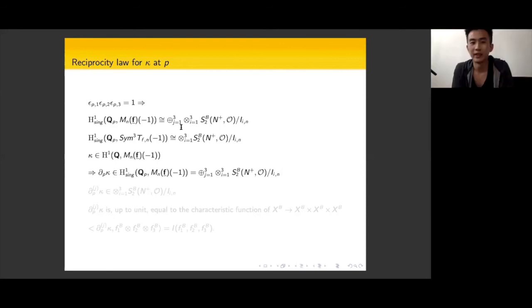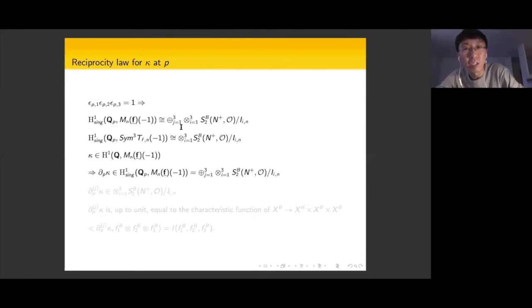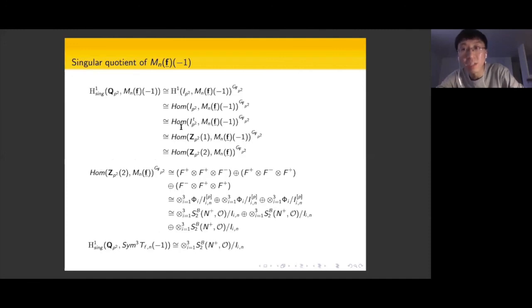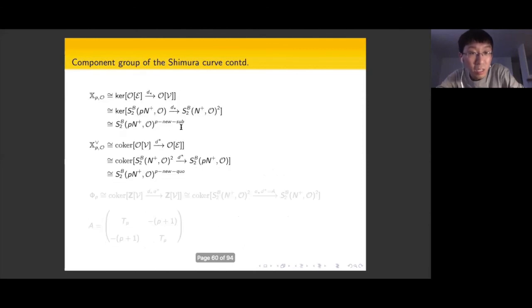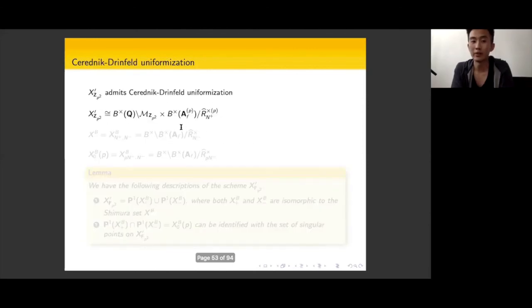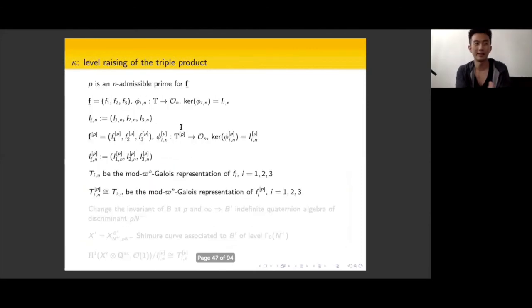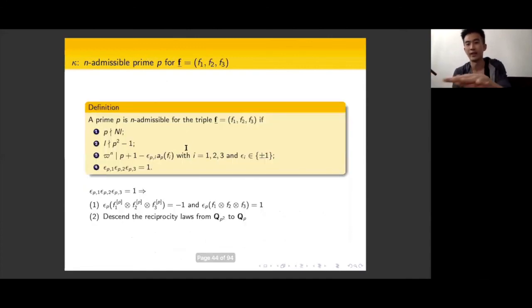I see. Is that because of the assumption that L does not divide p squared minus 1? It's exactly that. And I'm also killing the congruence module, I think. I thought you were assuming L isolated, so the congruence module down at level n minus 1 is trivial. But couldn't you have a bunch of growth when you go up to level n?